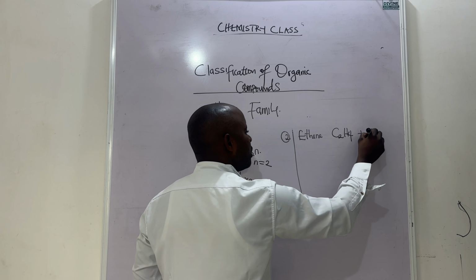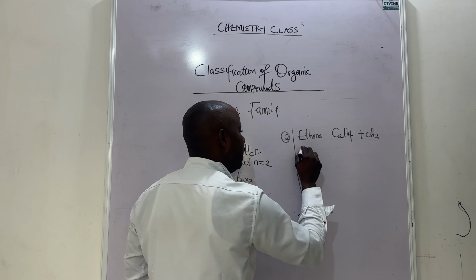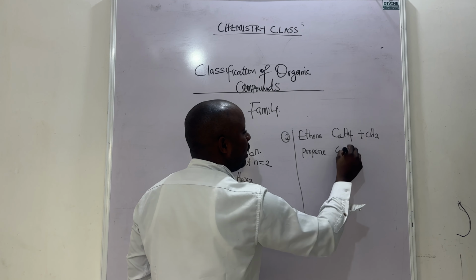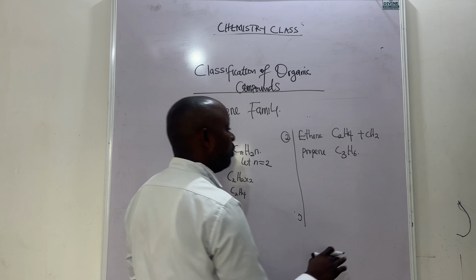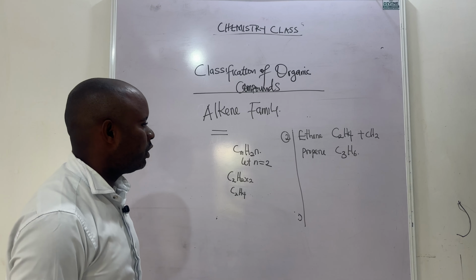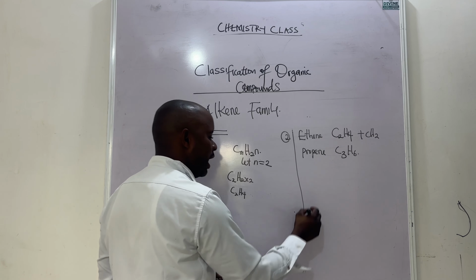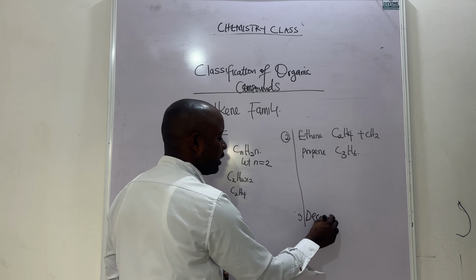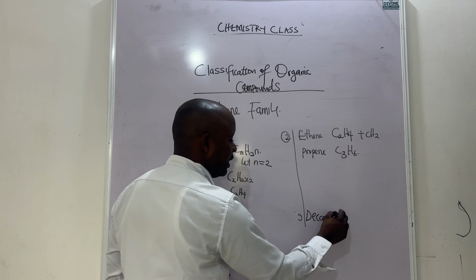When we add the homologous series as well, we're going to have propene. As we did in our alkane family, we're going to have C3H6. As we add the homologous series, each of these members is successively increased by a CH2. By so doing, the tenth member, known as decene, we're talking about alkene, is known as decene.